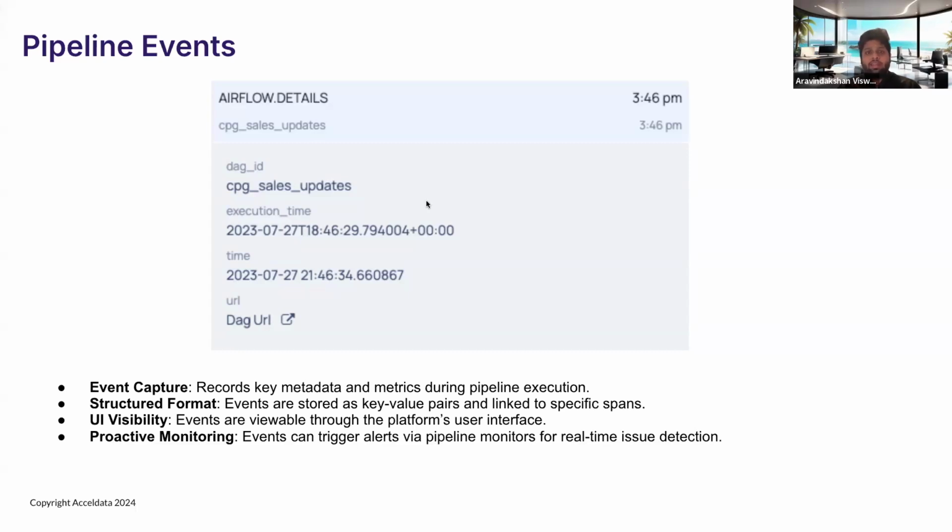This can be any metadata, but it must be in key value pair. As you can see in one such example for Airflow, we are sending the DAG ID, when it was executed, when its execution time is completed, and the DAG URL is also embedded here. The developer can directly click the DAG URL and it takes you to the Airflow page. So that is about the pipeline events.